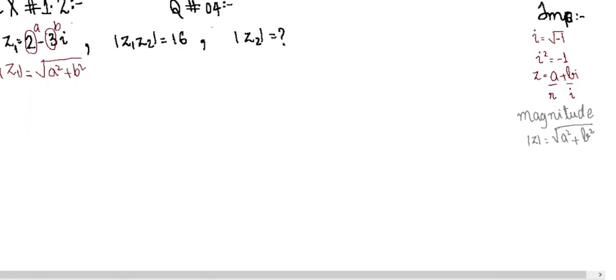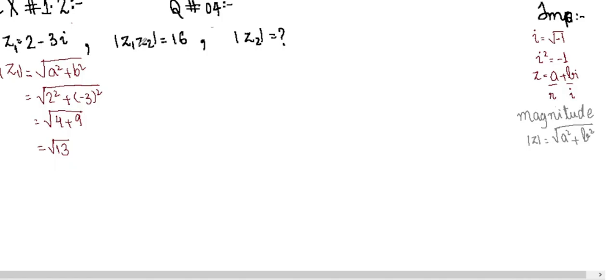I hope I am clear. Now we have to write it over here. Under root, a is 2, so 2 square, plus b is minus 3, so minus 3 whole square, which is under root of 4 plus 9, which is equal to under root of 13. This is the magnitude of z1.